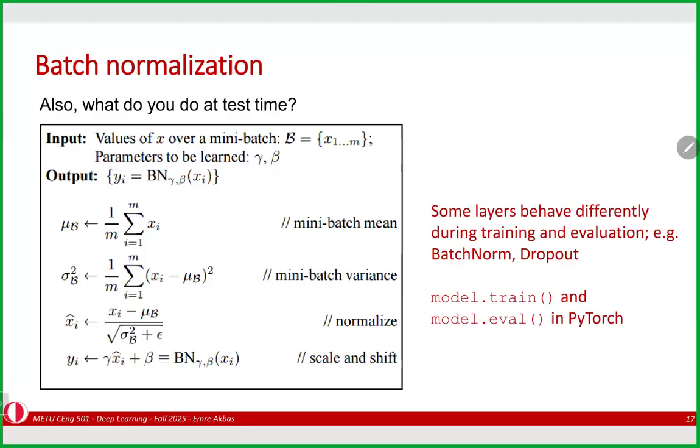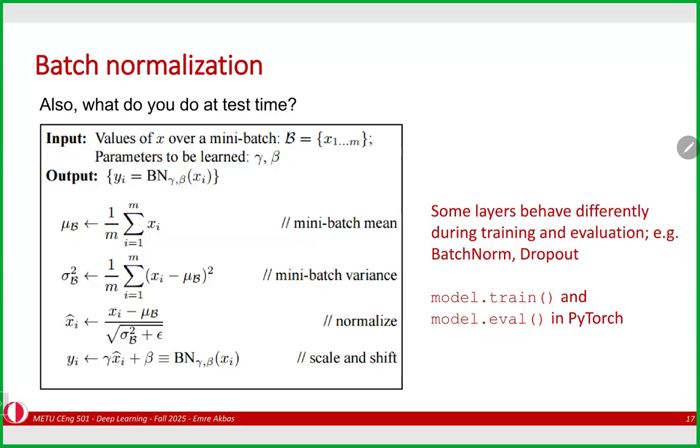And to do that, in PyTorch, you have to tell the network whether you are now in train mode or in evaluation mode. If you forget to call this eval function, then it will keep learning gamma and beta during test time. This is a very common mistake that students or researchers make. Since it continues to train during test time, you get better accuracies because it tries to overfit to the test data set.